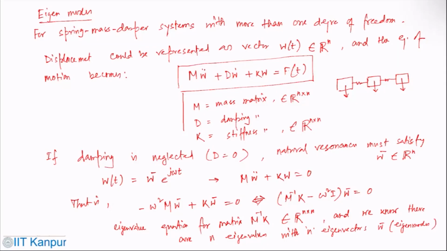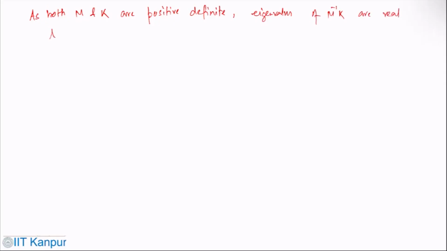Now here, interestingly, since we are dealing with a matrix system, as both M and K are positive definite, eigenvalues of M⁻¹K are real and positive.